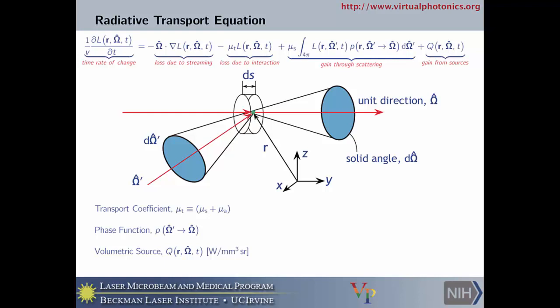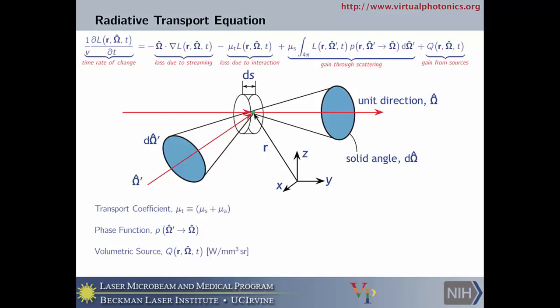Now what I want to see is, how much light do I have in all these other directions omega prime? And I want to multiply that amount of light by the probability that light can get scattered from these other directions omega prime into direction omega. And then I want to integrate that over all possible directions omega prime.